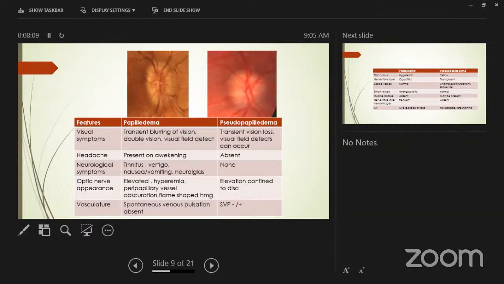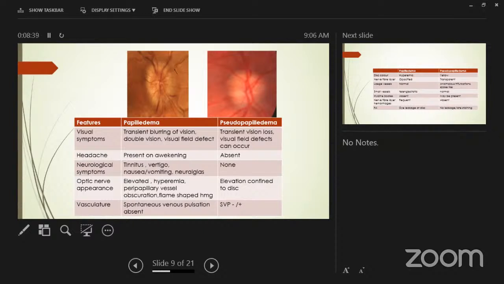But in this image, only the optic nerve head is elevated compared to the margins. There is no peripapillary edema, no hyperemia, and the vessels are not obscured at any level after they emerge from the center of the disc. So this is just pseudopapilledema.